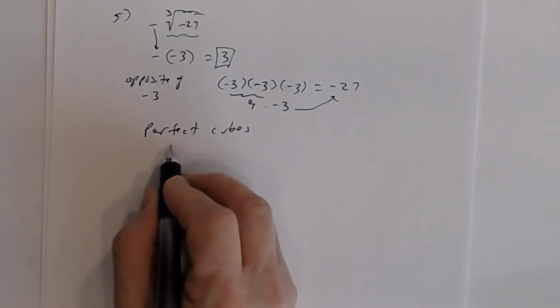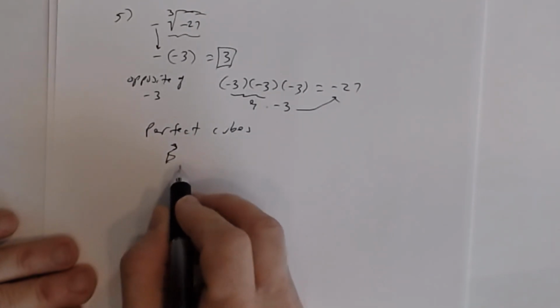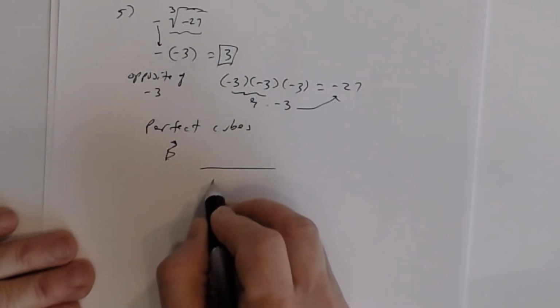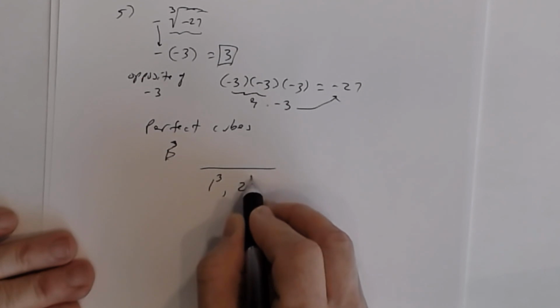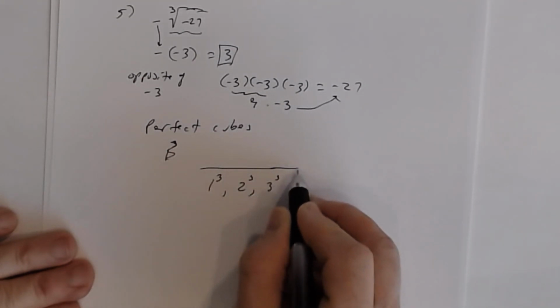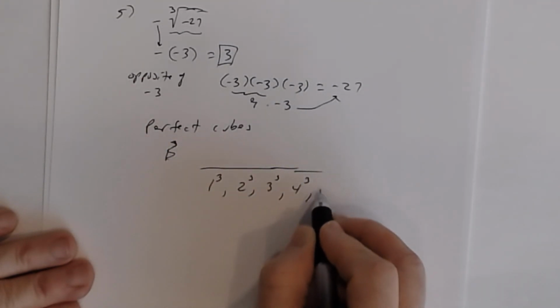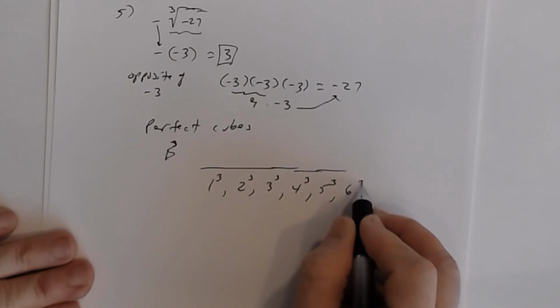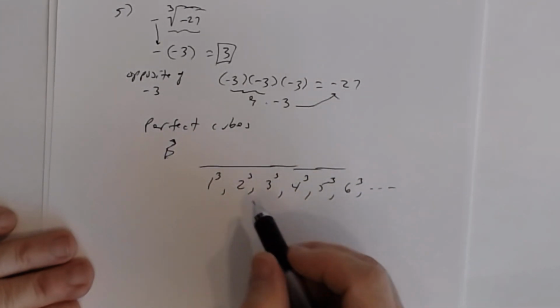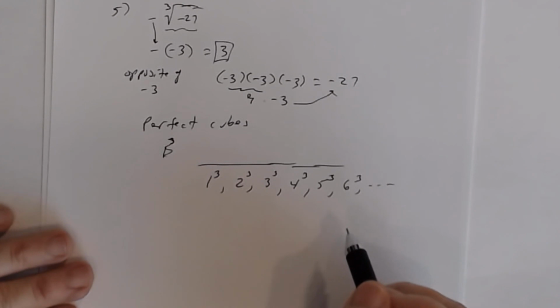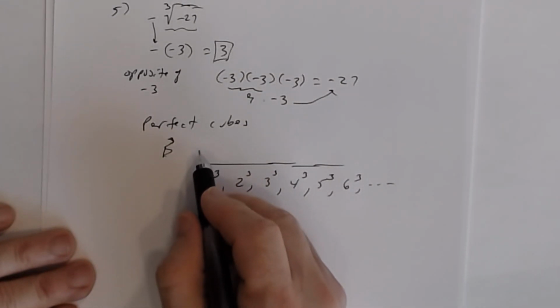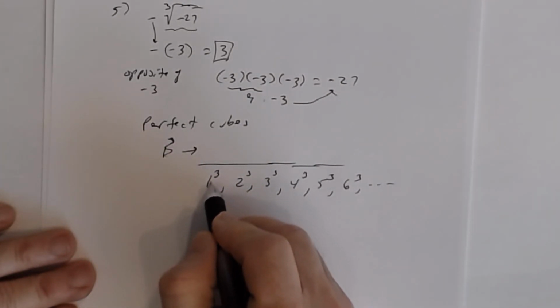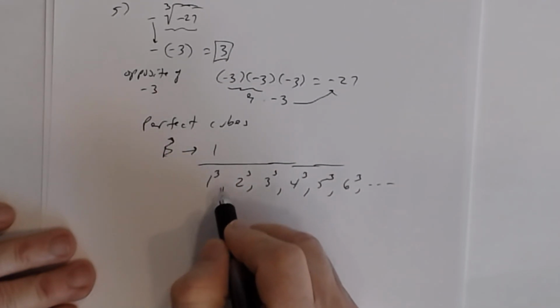But this time you're going to say 1 cubed, 2 cubed, 3 cubed, 4 cubed, 5 cubed, 6 cubed, and so on. So there's an infinite number of perfect cubes. But the smallest perfect cube is 1 cubed, 1 times 1 times 1, which is 1.